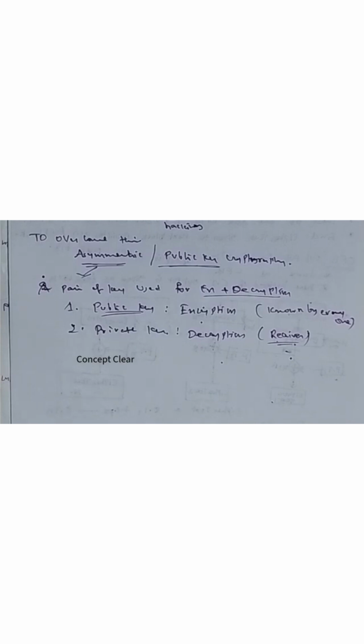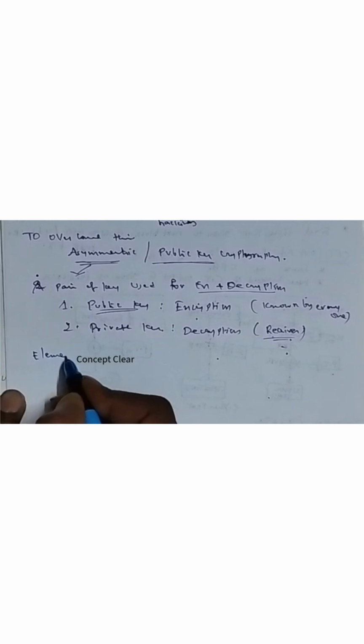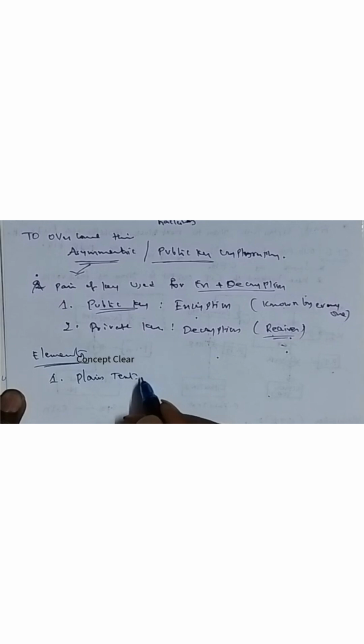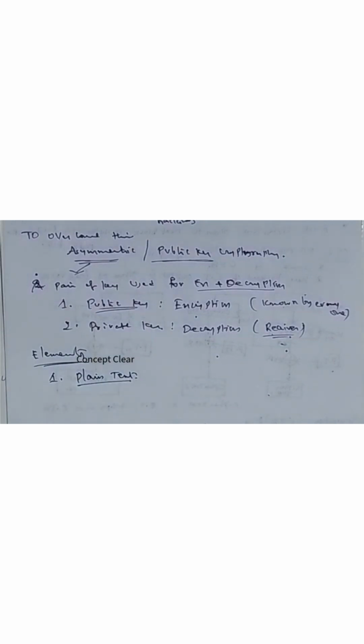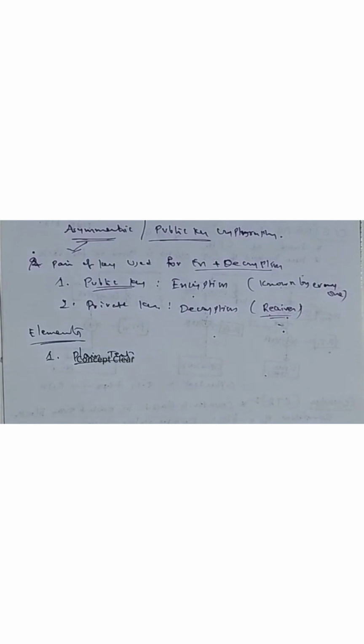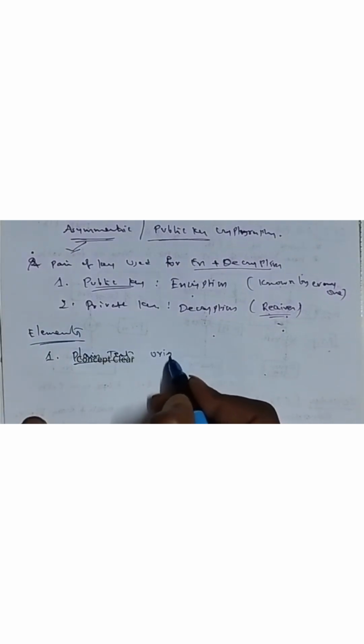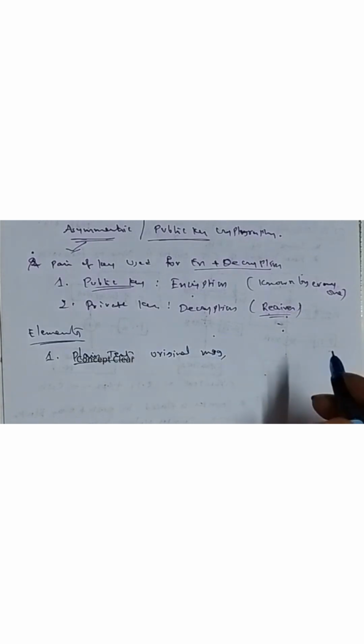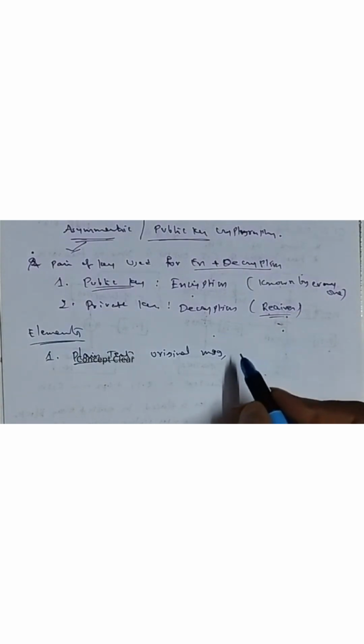What are the main elements in public key cryptography? The first one is plain text. The plain text is the original message, which will be converted into ciphertext.